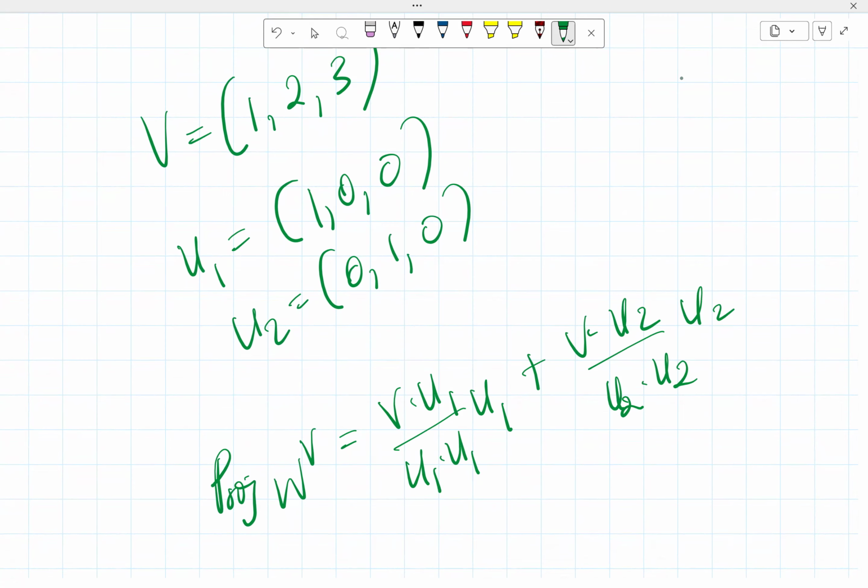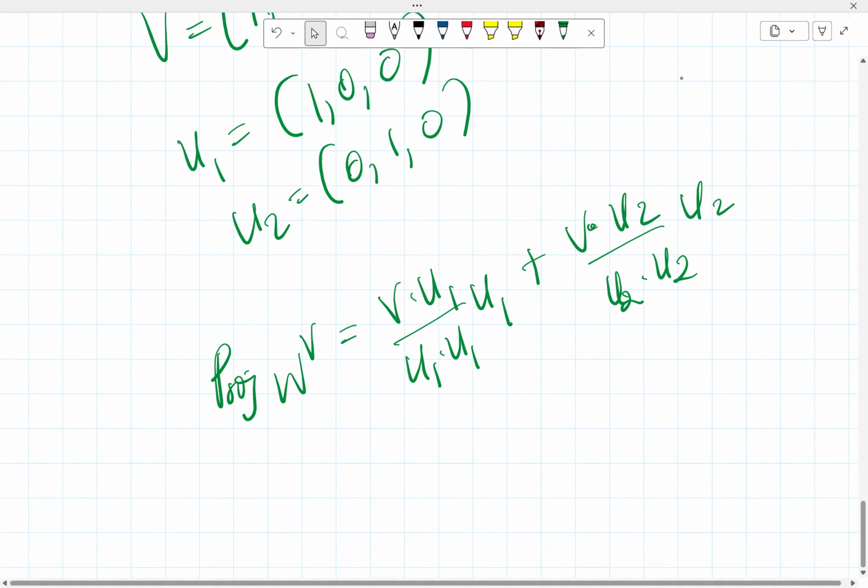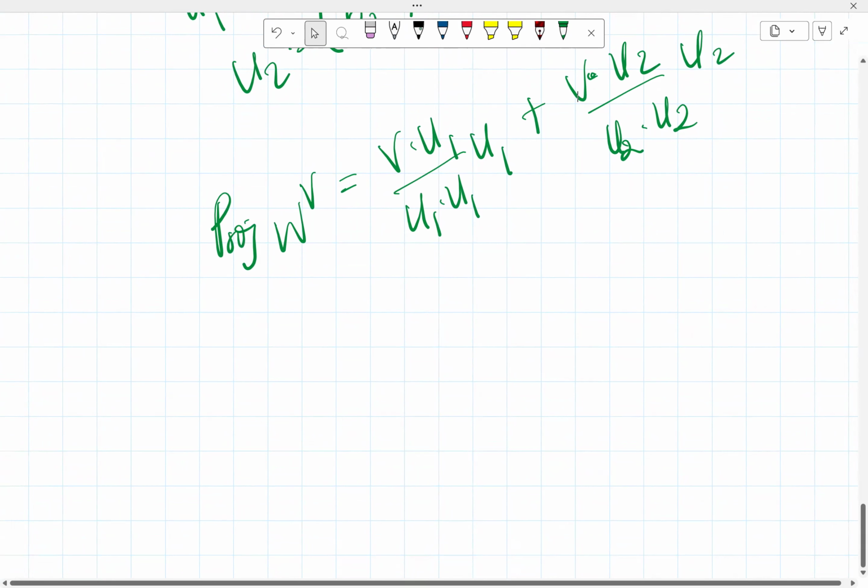So the projection of v onto the subspace is now this.